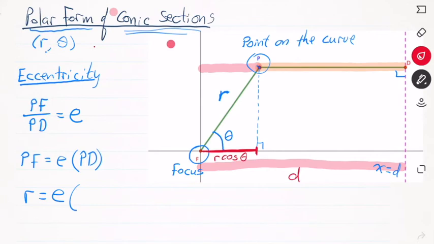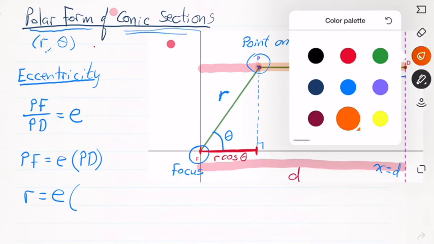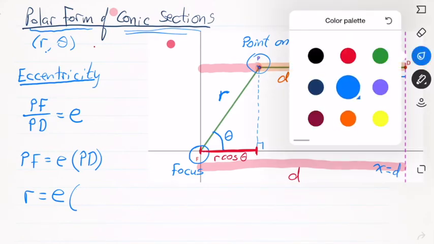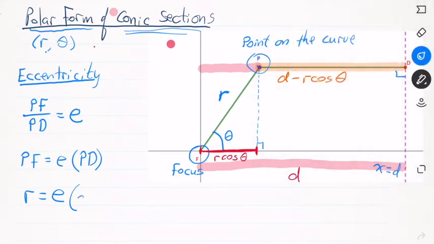So this length from here to here is r cosine theta. So that means the orange line up here, let's switch to orange, is going to be the d length minus that little piece down there, r cosine of theta. Okay, so we can substitute that into our formula, and this becomes d minus r cosine of theta.